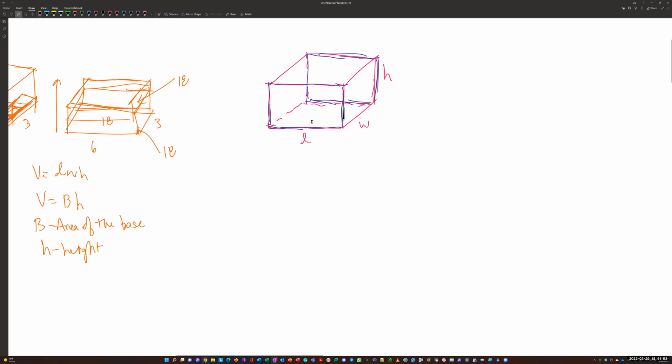The ones on the front facing face and the back facing face, the ones that are shaded right now, what would the area of those be? Length times width times height. Nope.